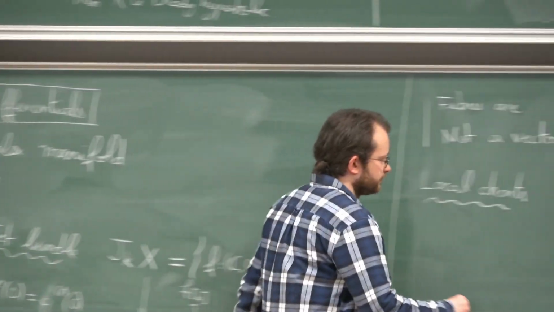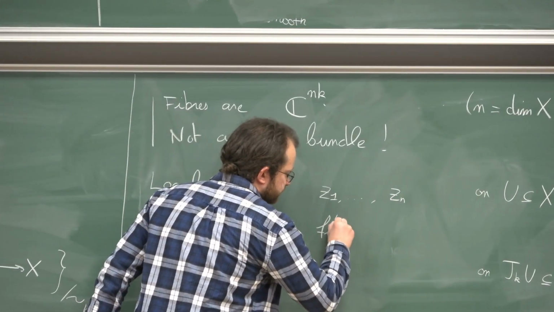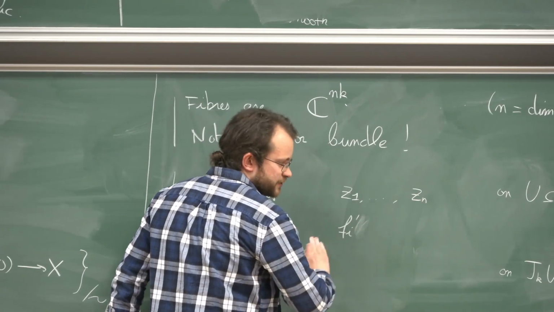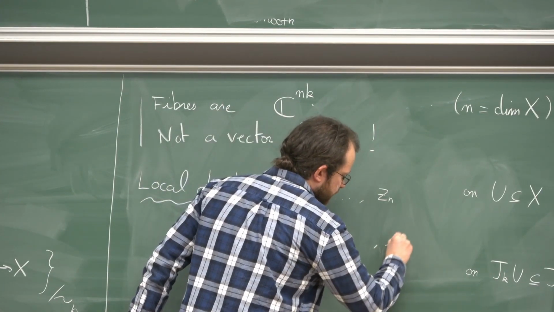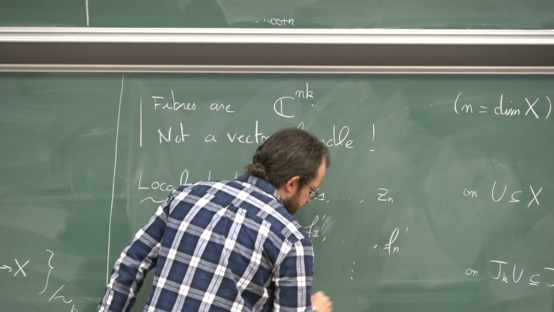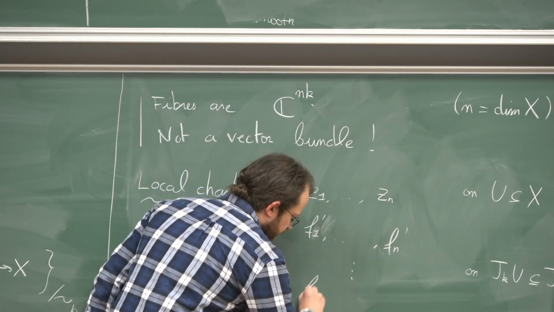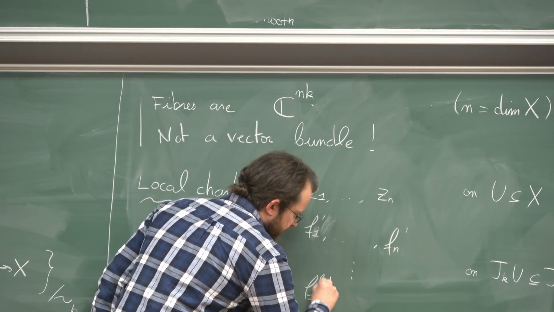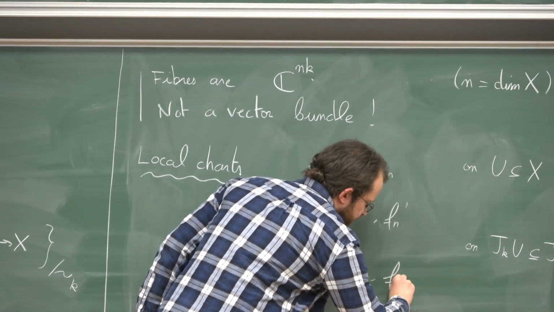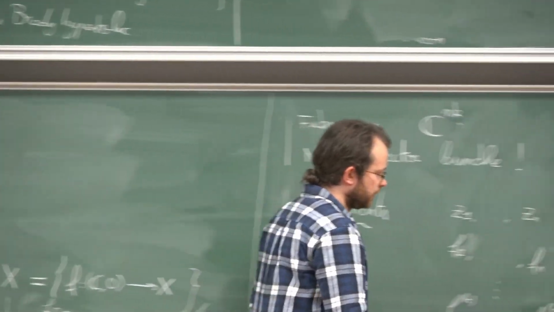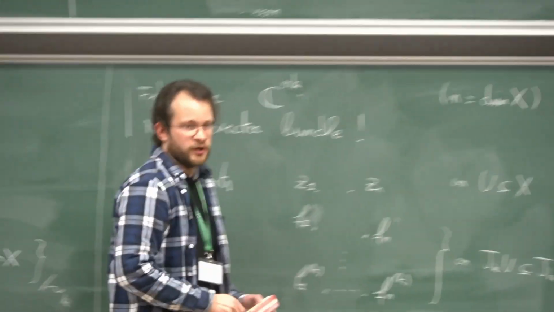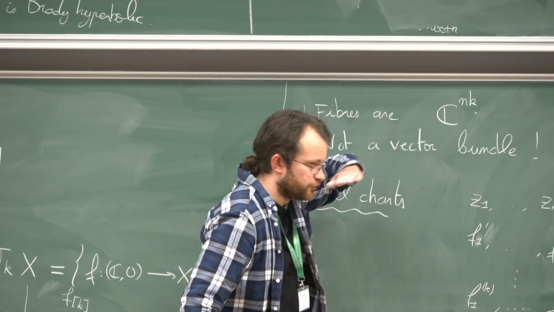So you have f_i prime of 0. So I will not write of 0 if you allow me. f_1 prime, ..., f_n prime, and etc. until f_1 derived k times, ..., f_n derived k times. Okay, so this gives you coordinates on these open charts if you add to them the ones on the base.